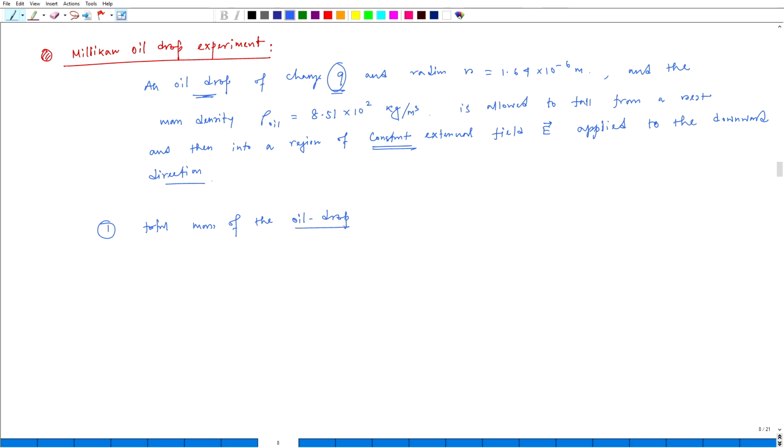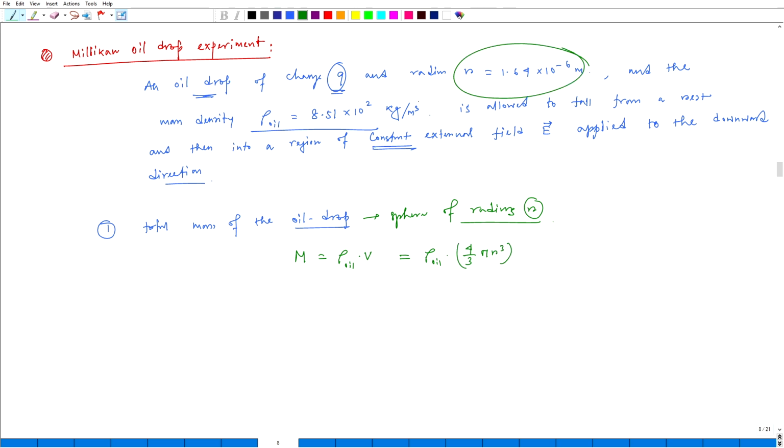Since we know the mass density, the mass is rho oil times the volume, and we consider the drop as a sphere of radius r. The volume is 4/3 pi r cube, so m is rho oil times 4/3 pi r cube.